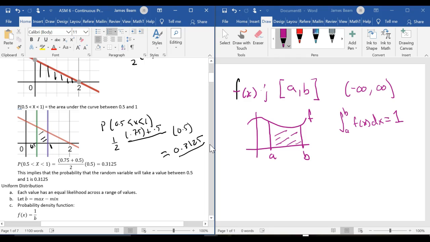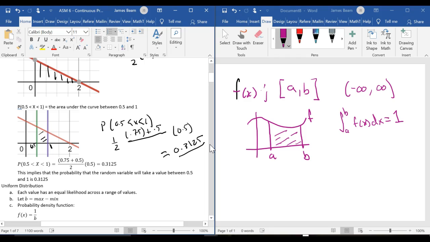Now, the idea here is that the probability of it taking any particular value is 0. Things like weight and height are continuous variables. So the probability that you actually weigh 175 pounds exactly is 0. Nobody actually weighs 175 pounds exactly. You're always a little bit more or a little bit less than that by some amount.